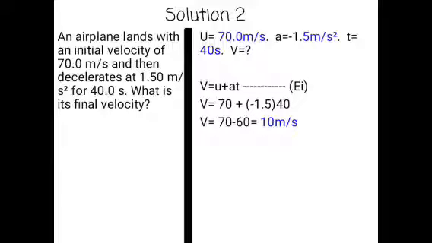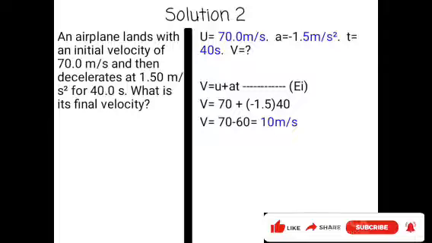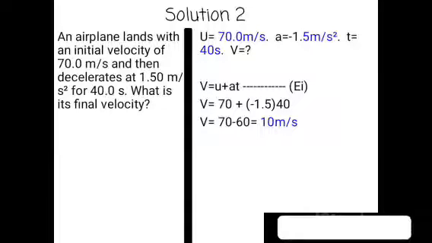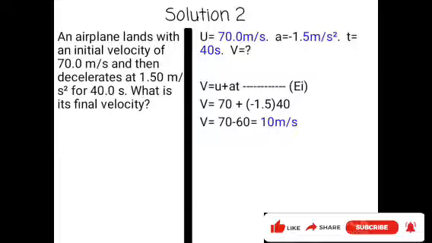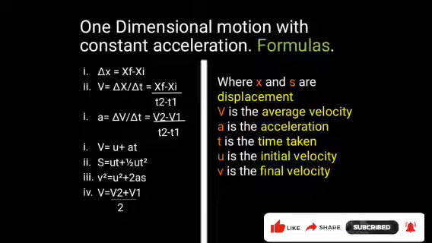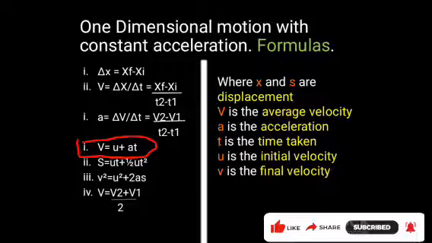The second step of the strategy is to look at the list of formulas given and choose which has everything that was given. So looking at the list of formulas here, the first equation of motion is the best because it has final velocity, initial velocity, acceleration and time.